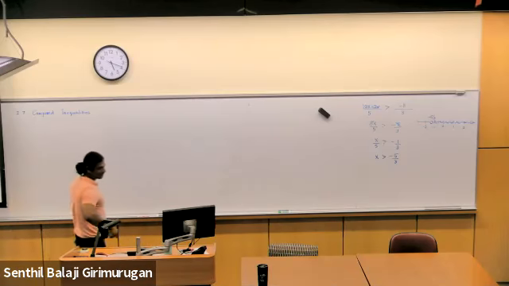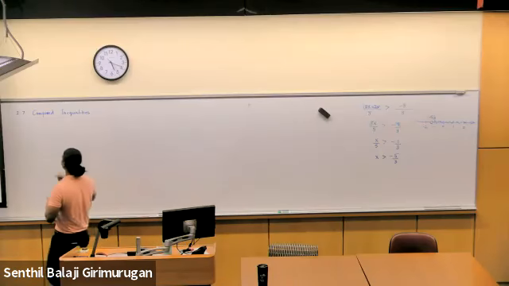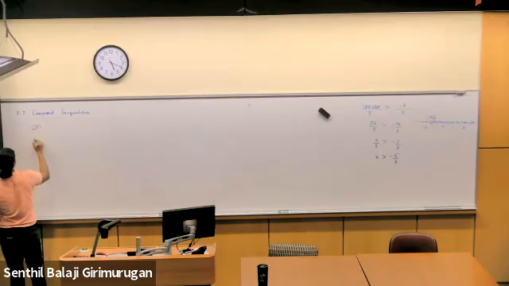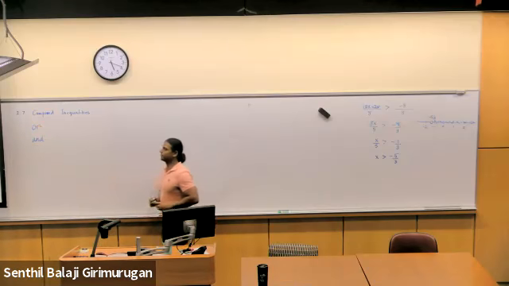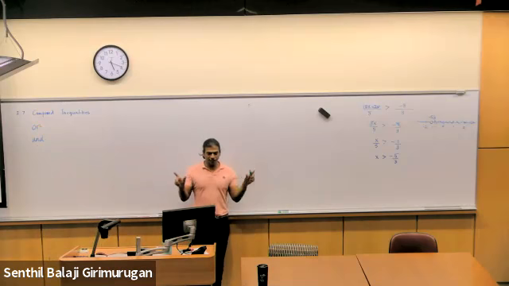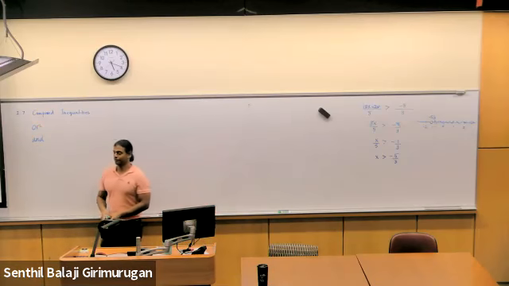Or. So in math, we have 2. One is or, the other is and. So you can take 2 individual inequalities, you can combine them using or, you can combine them using and.